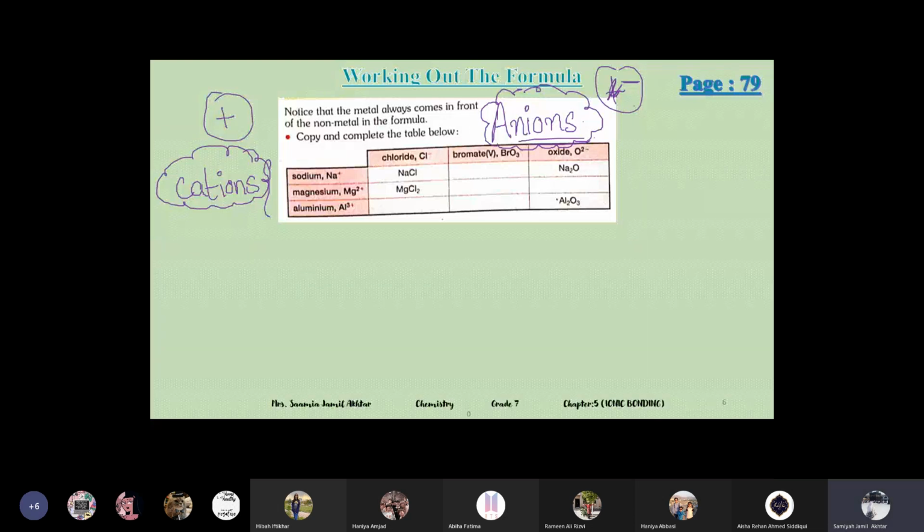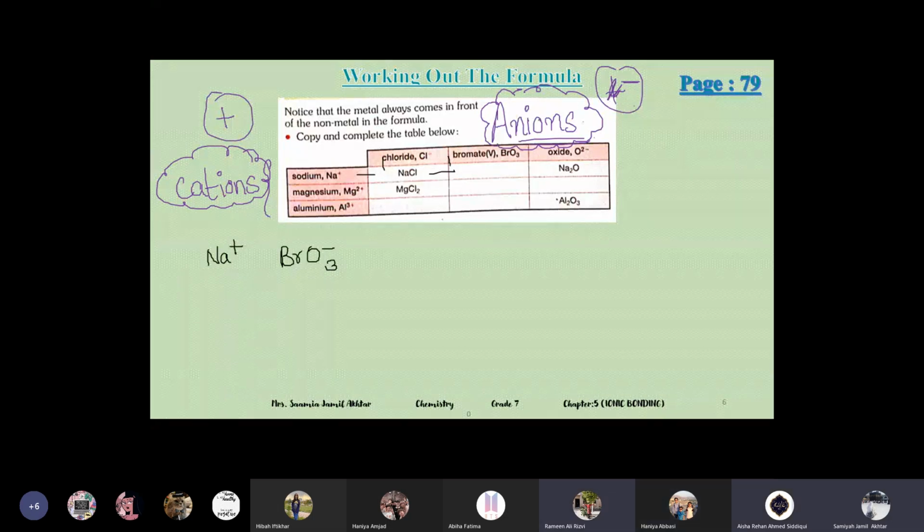Okay, so the first one, sodium chloride, is already solved. Sodium and chlorine. Now sodium and bromate. Sodium ion is positive and bromate ion is BrO3 minus. Are these charges balanced or not? Positive and negative.